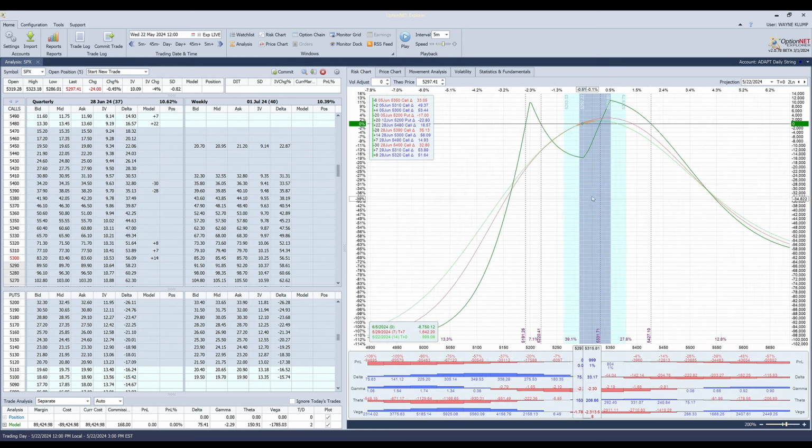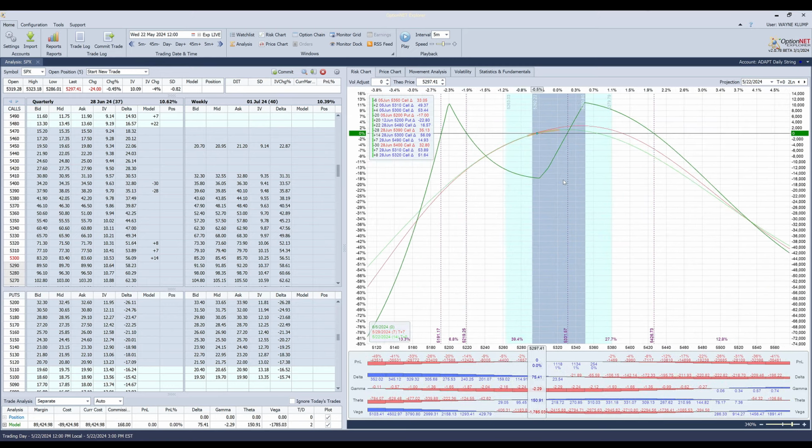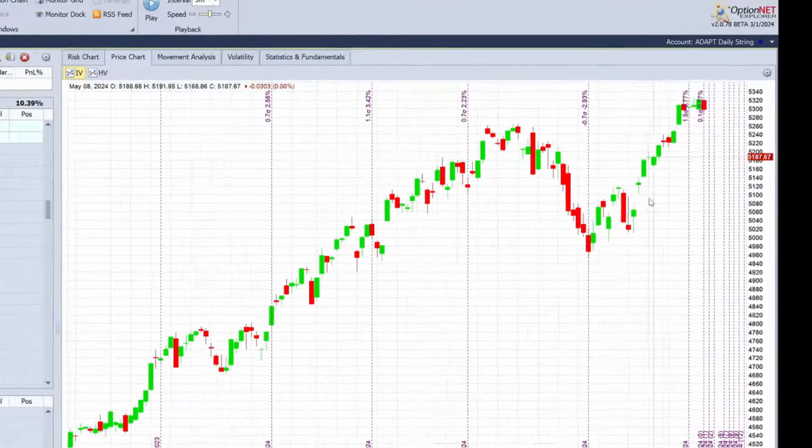You can see that we're starting to change into this really weird structure, right? We've got this calendar that's behind the market, and then we've got these butterflies that are in front of the market, and technically we're reducing our theta, and things are getting kind of weird, but you can see the morphing has already begun.